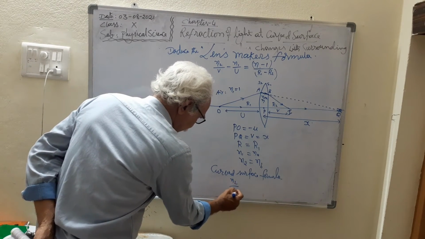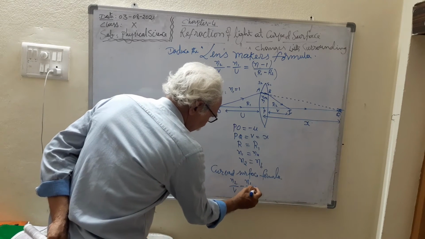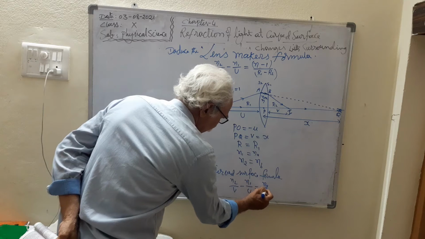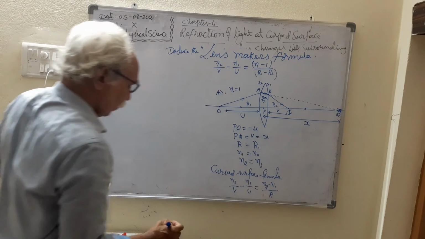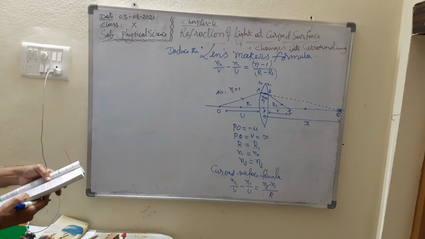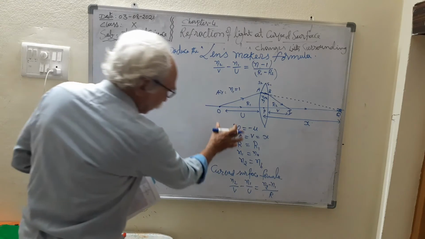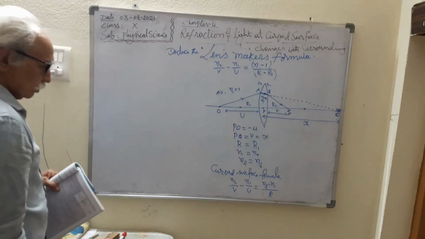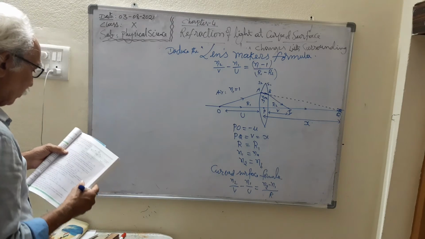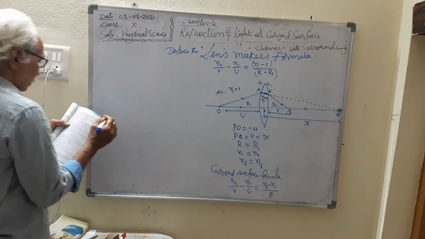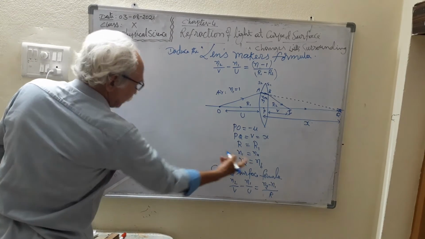N2 by V minus N1 by U is equal to (N2 minus N1) by R. This formula is called the curved surface formula. So introduce these values in this equation. When we introduce the values, N2 is equal to NB.